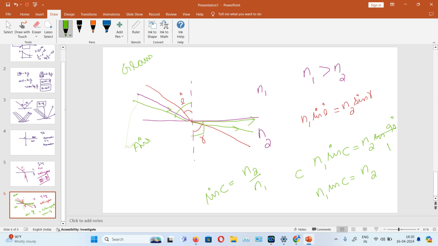Usually we say the refractive index of glass with respect to air, because the refractive index of air is usually 1. So it will be 1 by Ng, or Ng will be 1 by sine C.